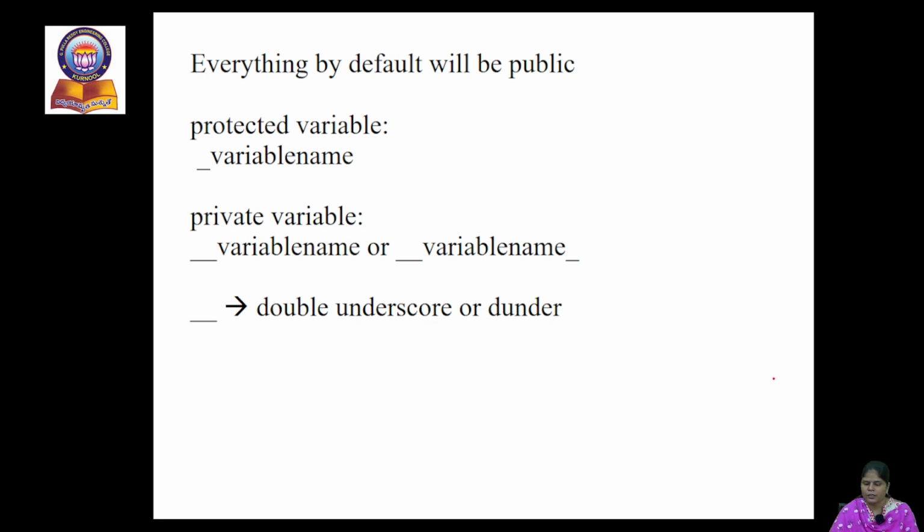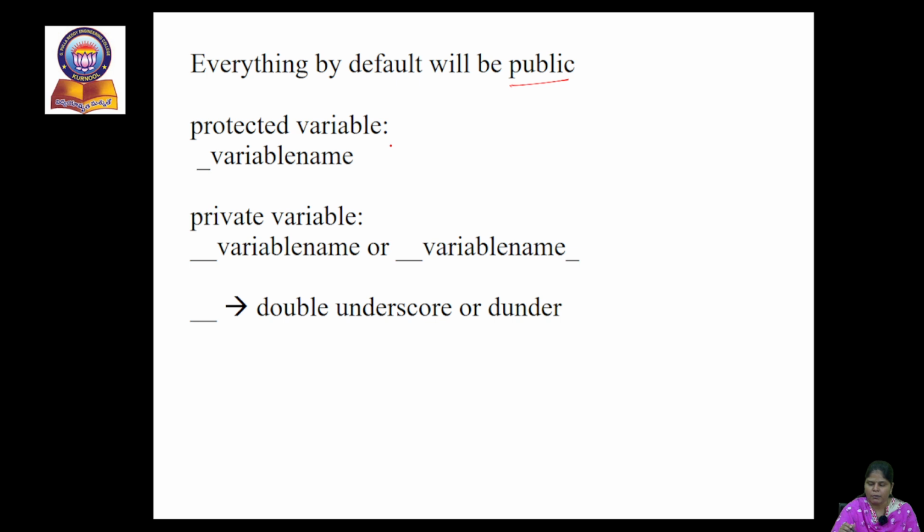So everything by default will be public. We call these access specifiers. They mention how far we can access a variable or a method or a class. So accessibility, how far you can access them, will be shown by these access specifiers. We have public, protected, private.